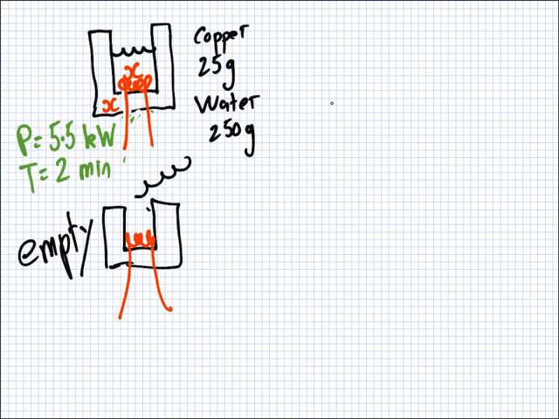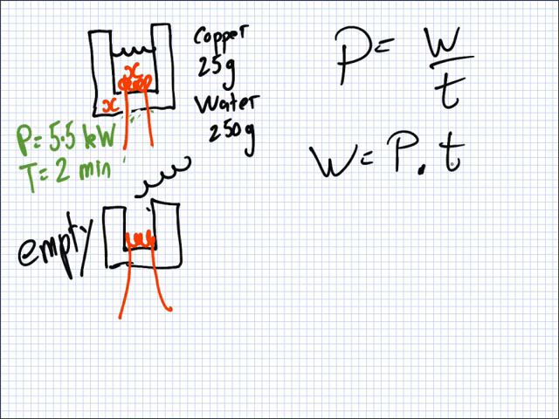Let's have a look. Okay, so power equals work. Look at my handwriting. Sorry, I'm very low on energy. More coffee needed. Okay, let's try that again. Power equals work over time. So work equals power multiplied by time.